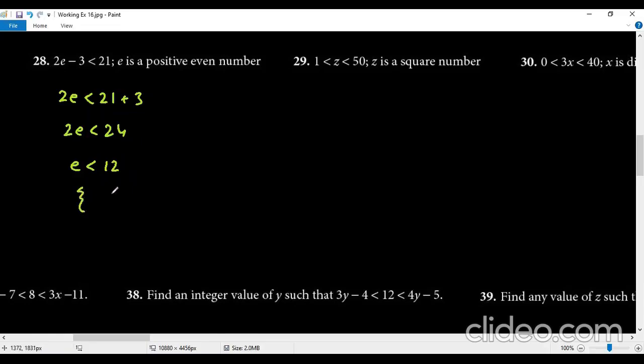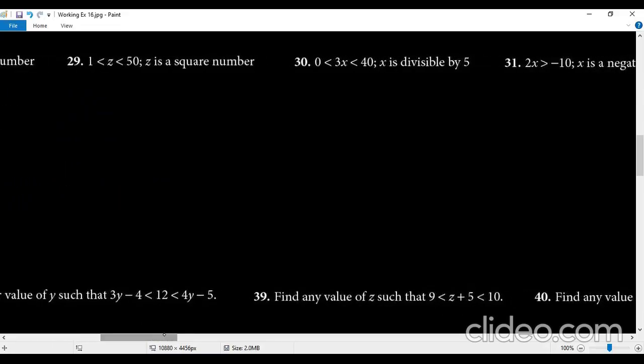You write the answer in brackets like this, and it should be all positive even numbers. So 2, 4, 6, 8, and 10. The next number is equal to 12, and that is going to be an invalid number. So all the positive even numbers which are less than 12. This is going to be your final answer.